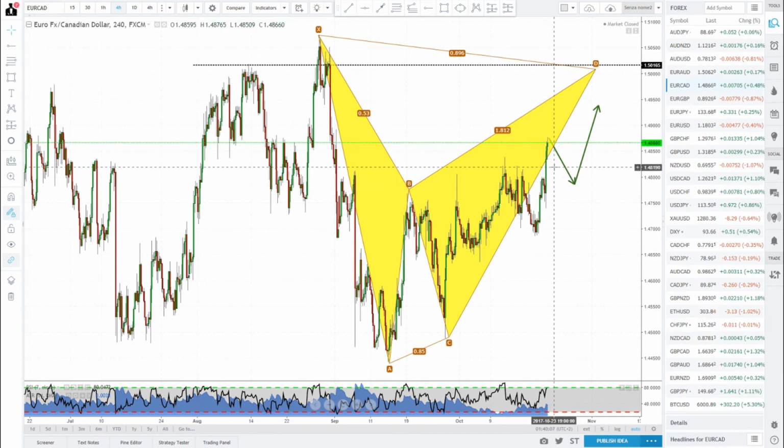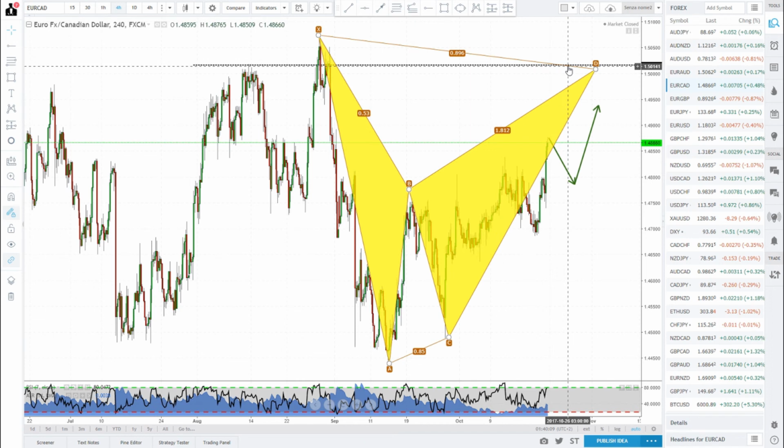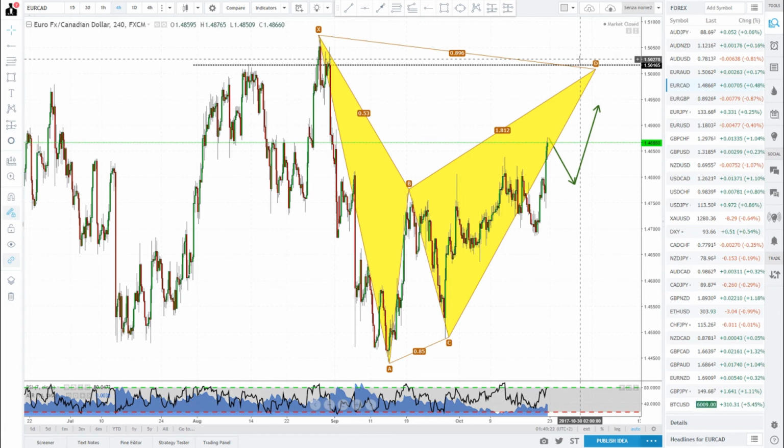So I want to trade to the upside until it gets here. When it gets here, I want to trade to the downside. I try to catch these little bounces from structure to structure because price gravitates around these structure points. So upside bias until it gets here.